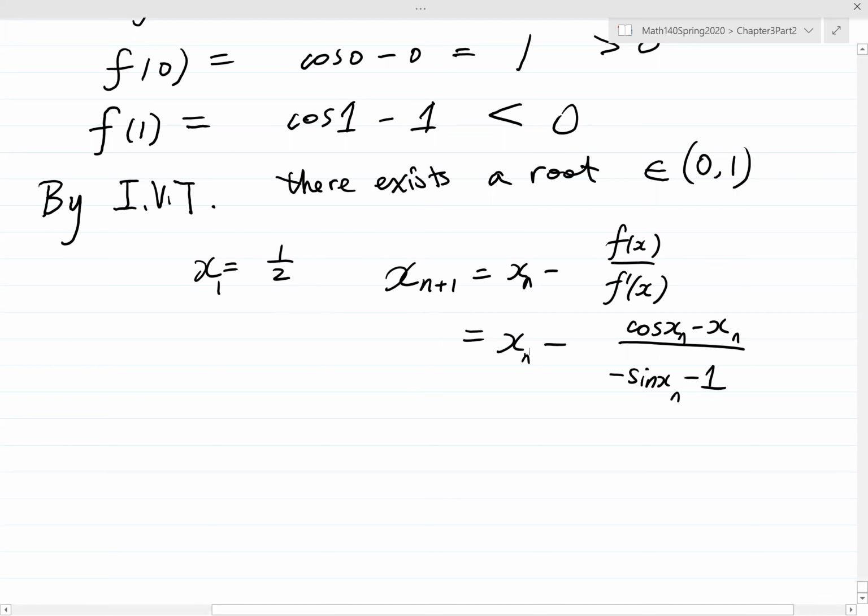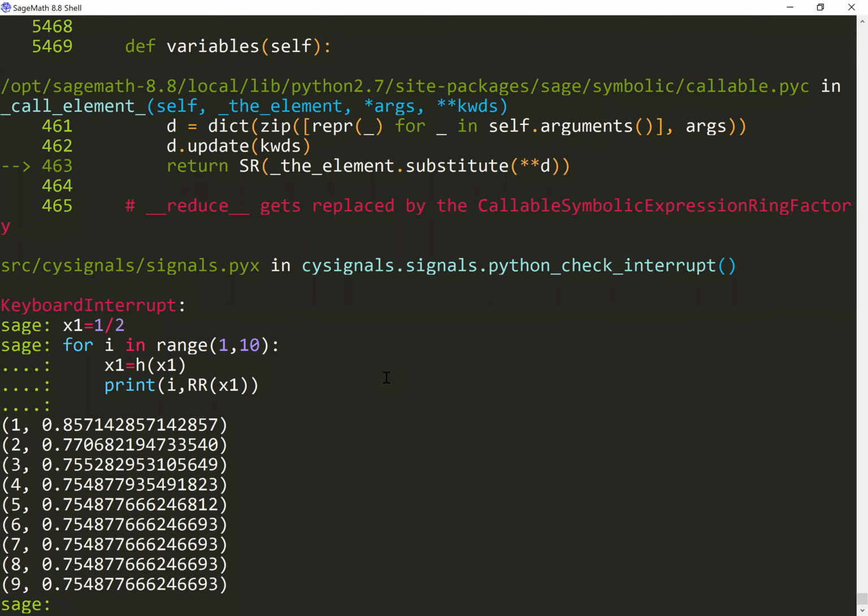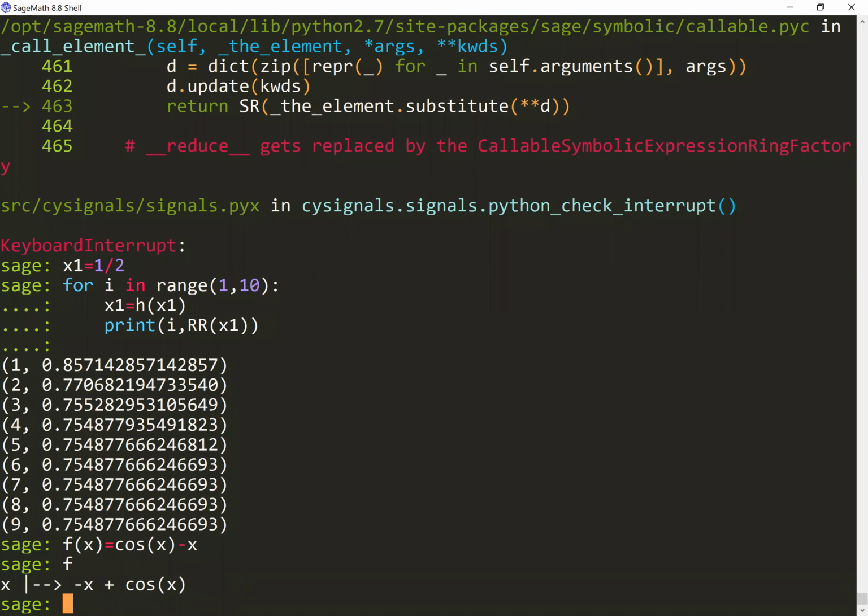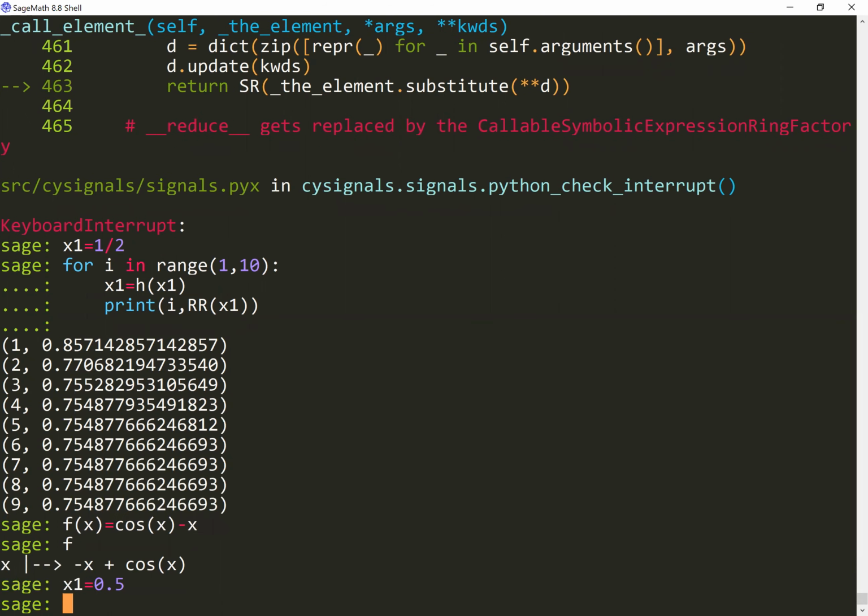So we use the iteration. Here we change our function f(x) to be cosine x minus x, and x1 to be 1/2, 0.5.